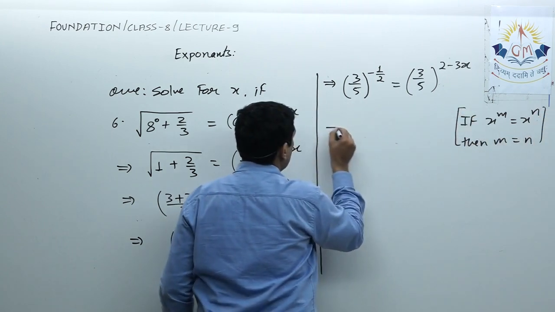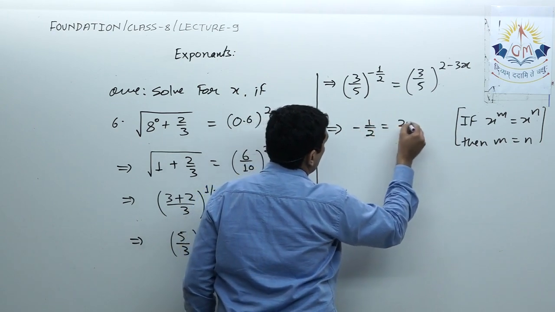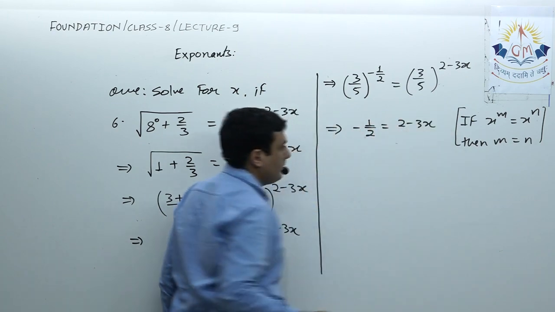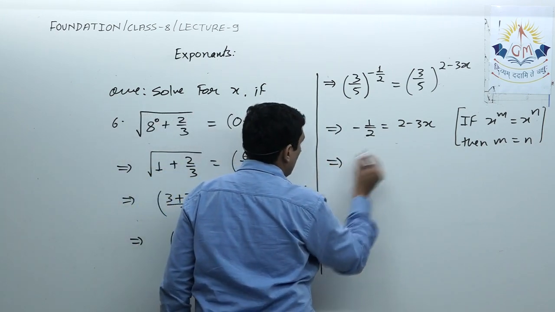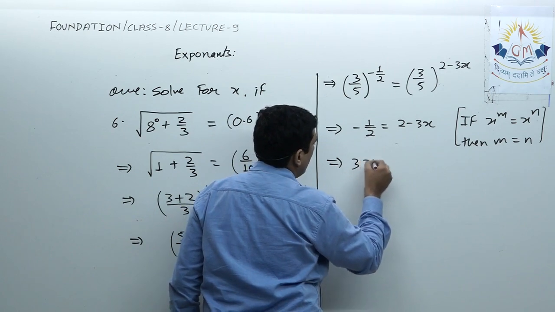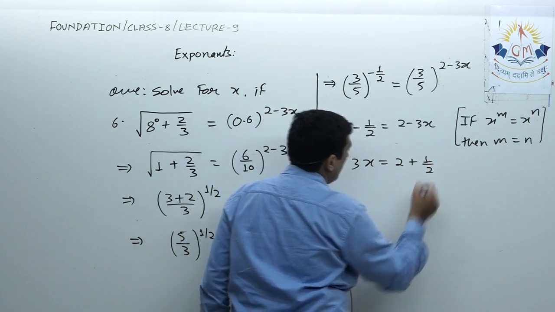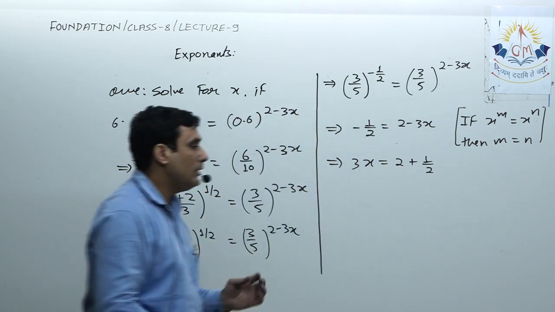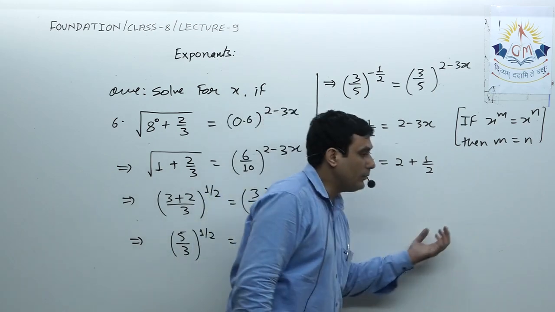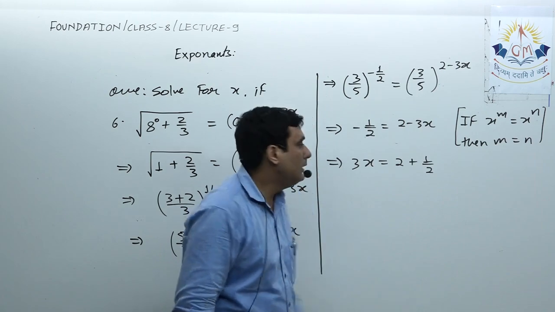So here it will become -1 by 2 is equal to 2 - 3x. As I have to find x, I take x on this side, so 3x is equal to 2 plus 1 by 2. Whenever you have to find an unknown or variable, generally we take that variable on the left hand side and we take all remaining terms on the right hand side.